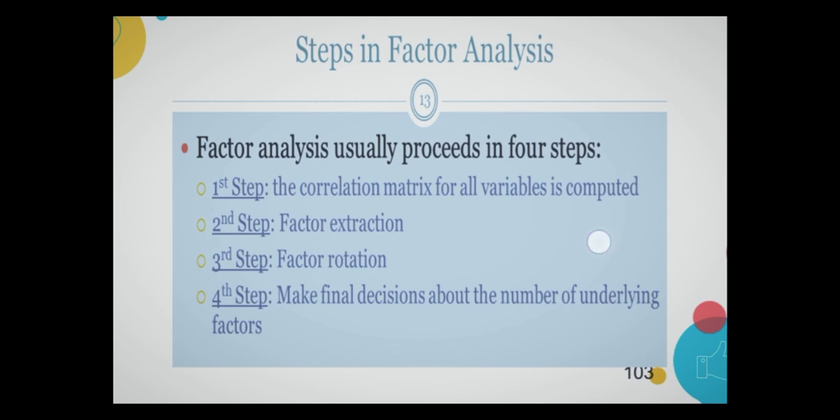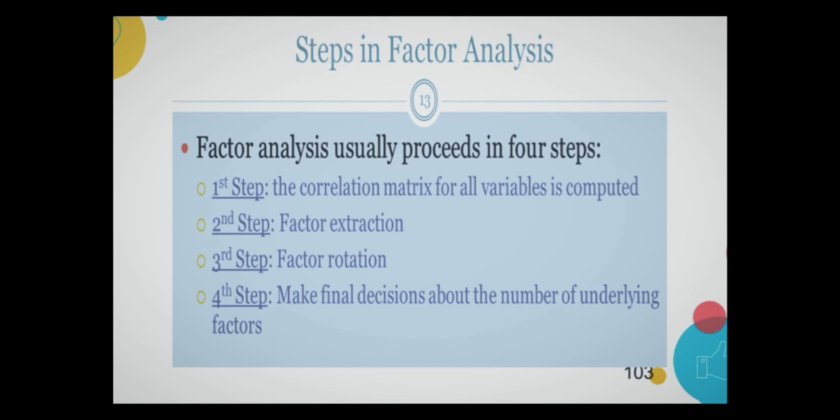Okay, the second one is the factor extraction. As you learned before, we can see how many factors will be extracted to represent all the variables. So we have p variables, and we want to know how many components will represent all these p variables.